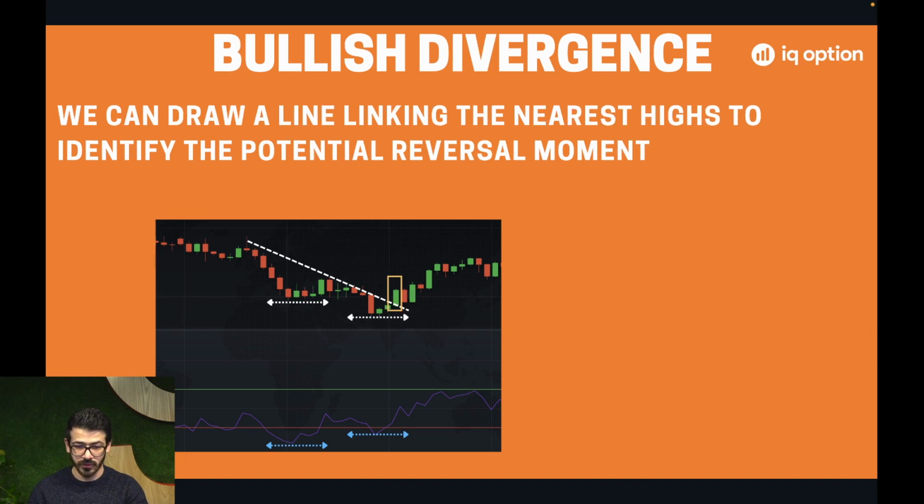You see here, we draw it on the first high and the second high, and we connected it all the way down there. And the moment the candlestick, the price action, crossed above this line, we can interpret it as, okay, the bearish trend has reached its peak, it's weakened enough, and now it has broken the line and is going to reverse and continue in an upward direction, as we can see here.